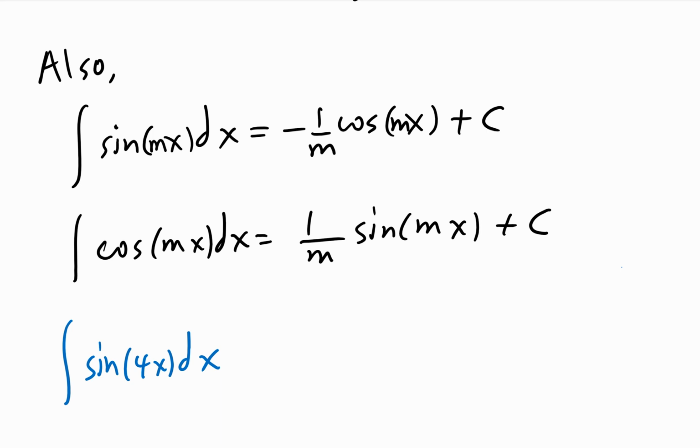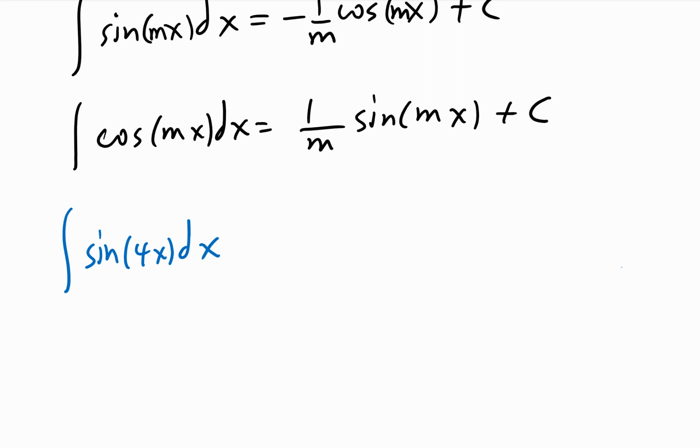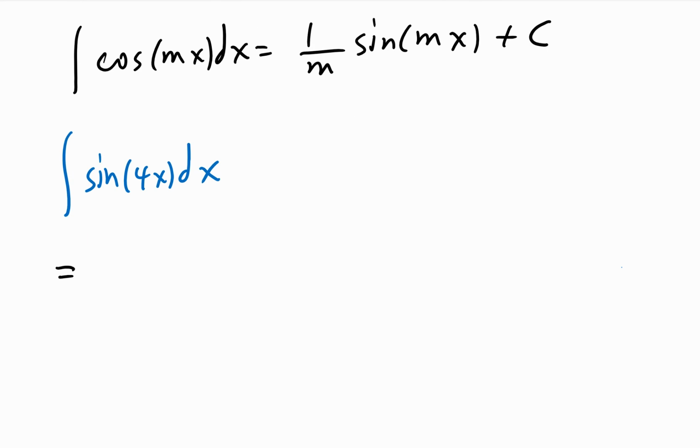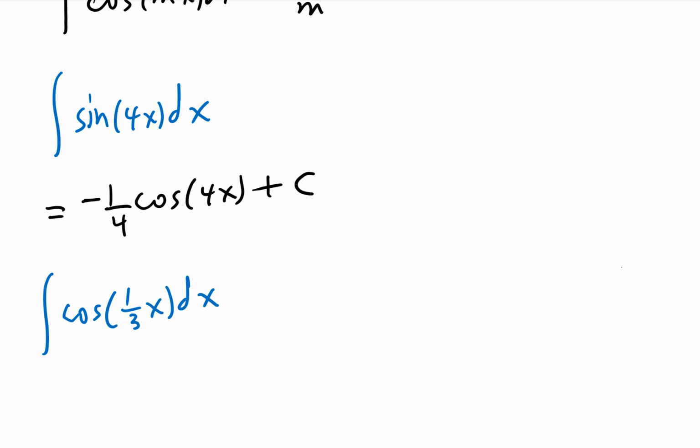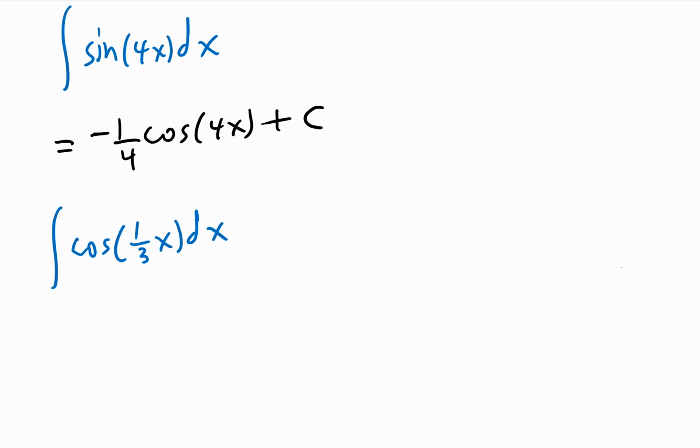If we try the sine 4x, let's move on. So this would be 1 over 4 cosine 4x with a negative, plus c. And to practice more on this, try the integral of cosine 1/3 x dx. Try this one, same way.